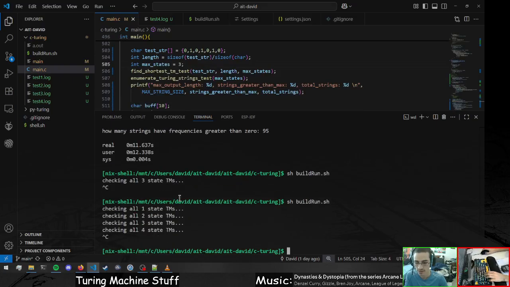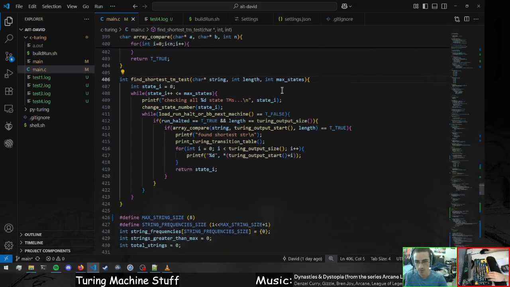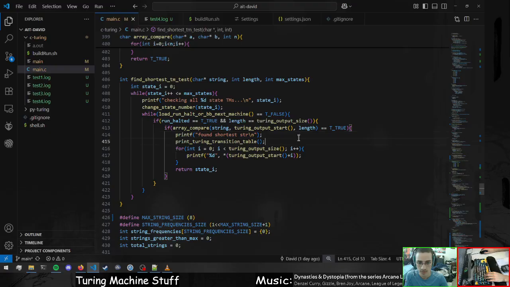Oh, I didn't find it. It went to the four states. Weird, weird, weird. So the Turing machines themselves are not doing it.